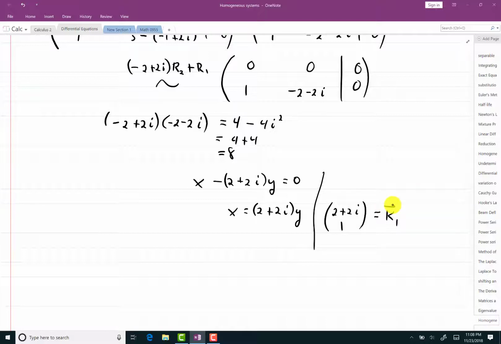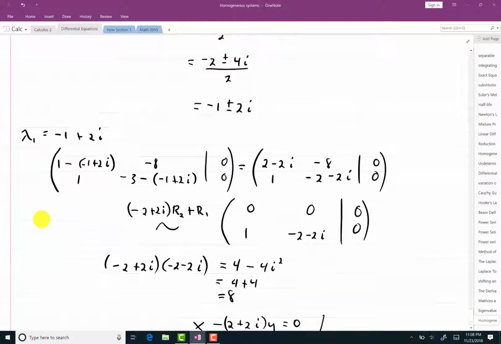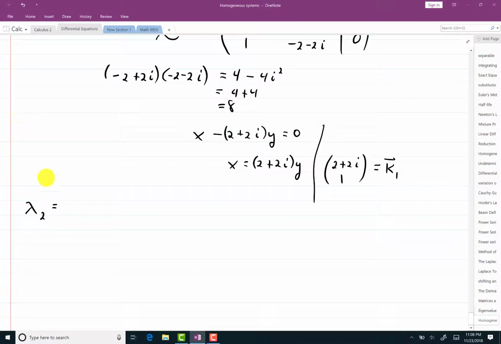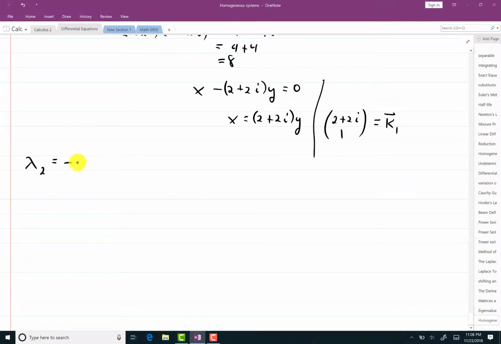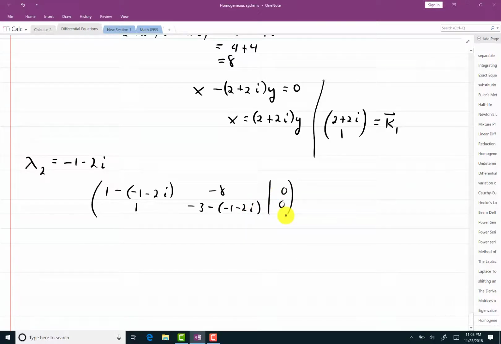Now let me work the second one. The first one was -1 plus 2i, so this one is -1 minus 2i. And then what I'm going to work is 1 minus -1 minus 2i, my -8, my 1, -3 minus -1 minus 2i, 0, 0.